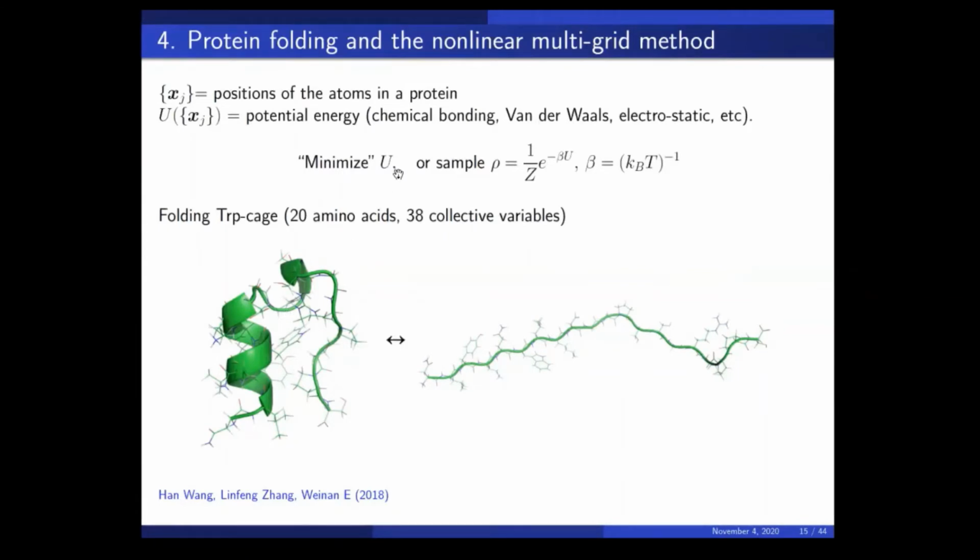This is an example of protein folding, and we're able to do protein folding with a nonlinear multigrid method. So the multigrid method is very popular in computational mathematics, but to apply this kind of ideas to a very nonlinear problem like protein folding has been a very tough task.